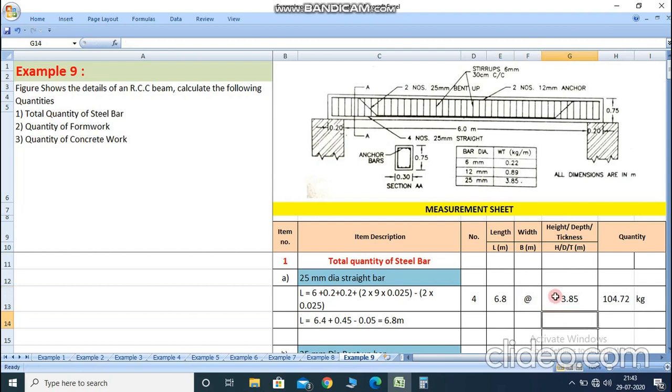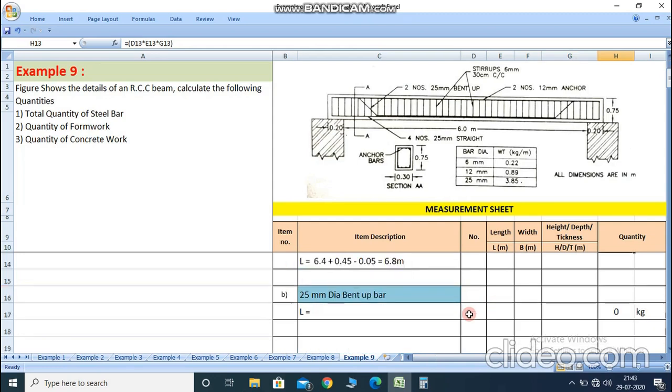So here the total quantity we got is 104.72 kg for the 25 mm diameter 4 bars. Clear? This answer we got from the multiplication of 4 multiplied by 6.8 multiplied by 3.85. So it's the final answer for the 25 mm diameter 4 straight bar quantity.